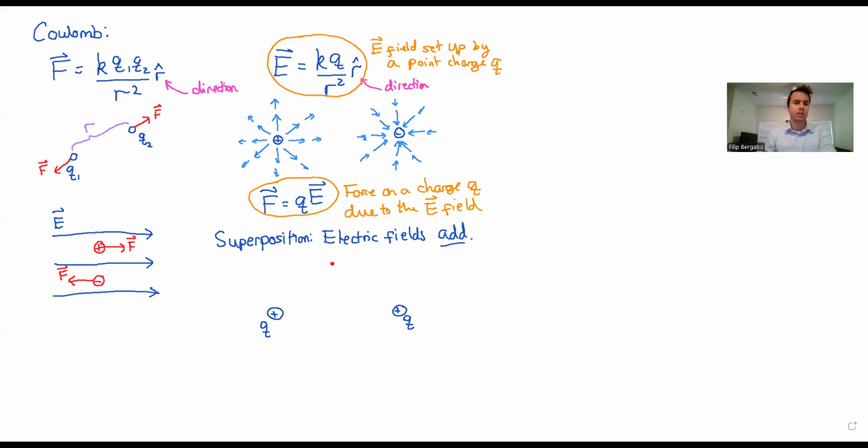Going back to the fact that the electric field produced by positive charges always points away from those positive charges, in this case there would be an electric field coming from the charge on the left, pointing in this direction. But similarly, the charge on the right would cause a field pointing away from it, so in this direction.